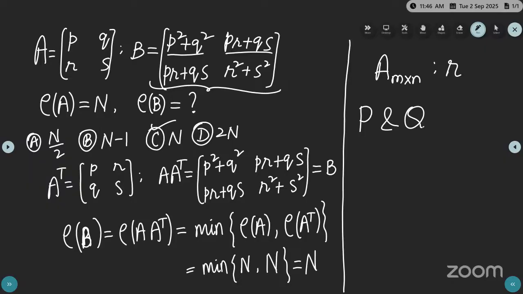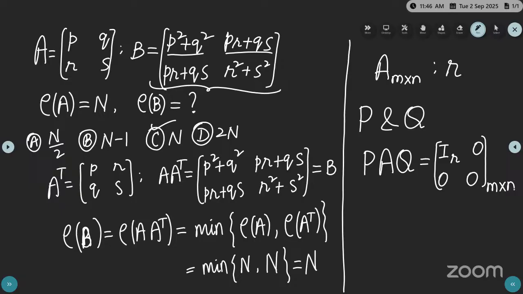Such that P into AQ is equal to [I_r 0; 0 0] of order m by n.